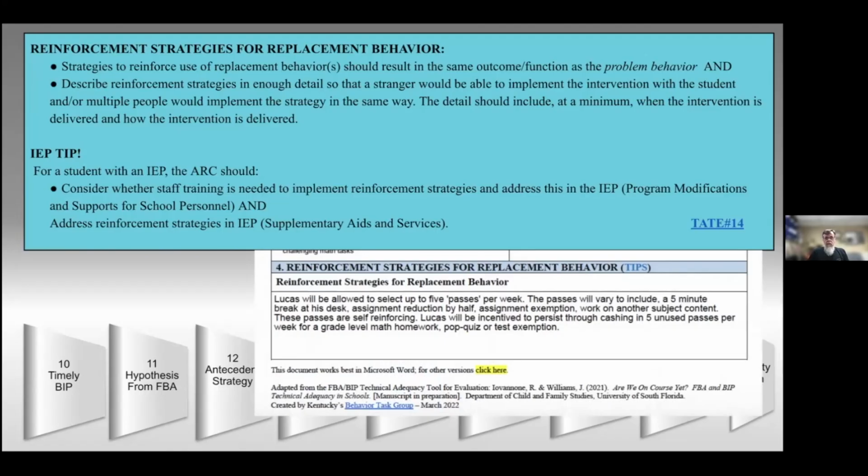Consistently use the reward system or reinforcement system for the replacement behavior, because if I don't recognize that replacement behavior, and I don't encourage that student to use that behavior, and I don't reward or acknowledge it, you're going to get the inappropriate behavior that you're trying to address anyway. It's very difficult to do, but make sure that it is a functionally equivalent replacement behavior, and it's easy for the student to do, and you remind them and you praise them and you recognize them using that behavior as often as possible.